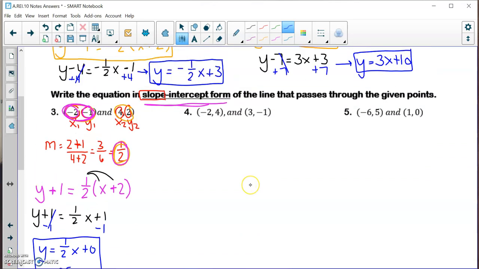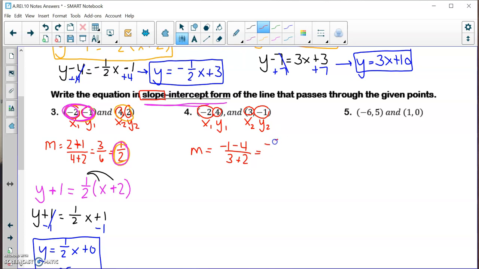All right. So same thing with number 4, we want to find the slope first, by using the slope formula, which is y2 minus y1 over x2 minus x1, minus a -2 is the same thing as a +2.